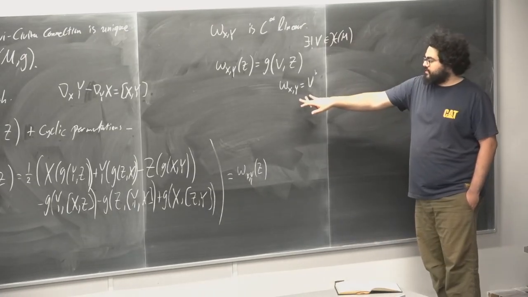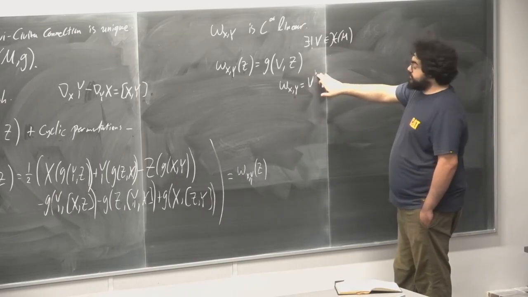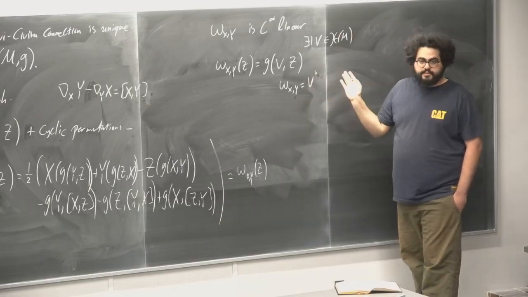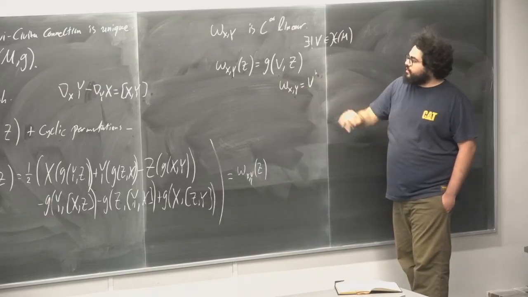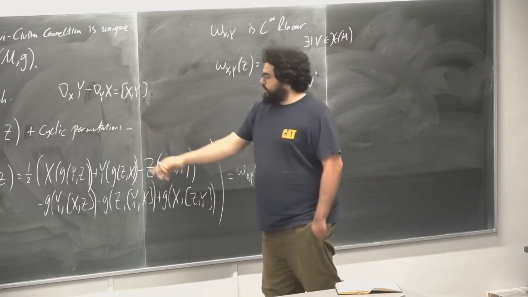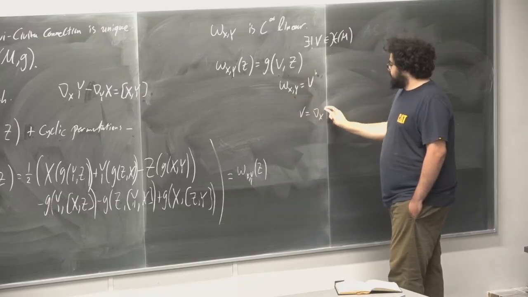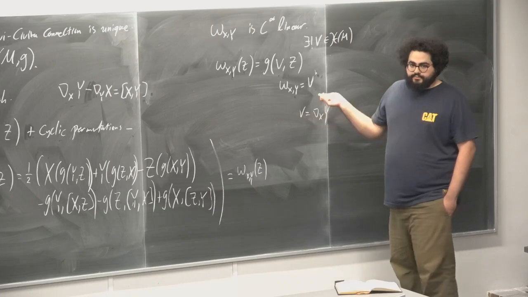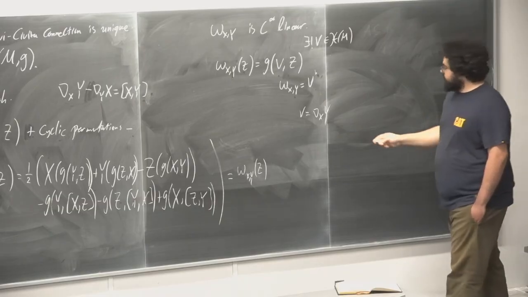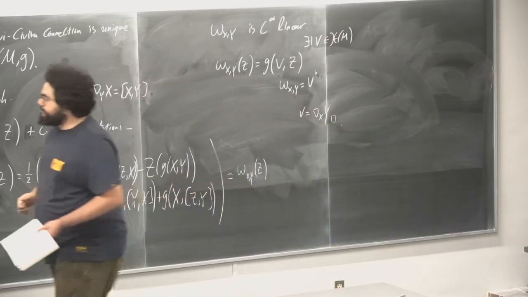If you remember last time when I was speaking about the Hodge stuff, these musical isomorphisms are isomorphisms, so there's a 1-to-1 correspondence between forms and vector fields, and this is the explicit correspondence. But since omega x y is already g of nabla x y with z, that means there exists a unique v, which is nabla x of y. So there's only one way to define nabla x of y for every x and y. So that's the proof sketch of the existence and uniqueness of the Levi-Civita connection.